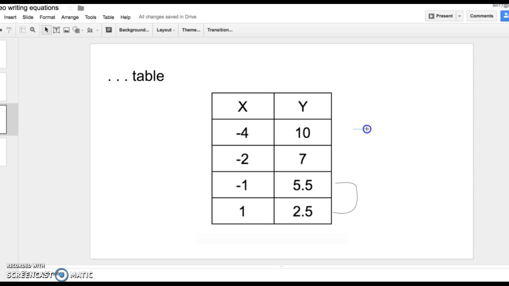I went down 3, right? Our change in y is going to be down 3, okay?